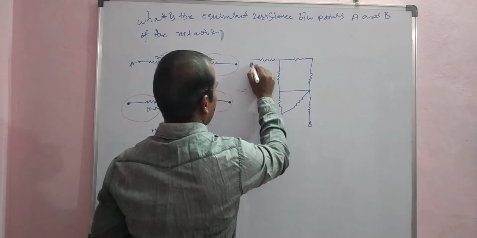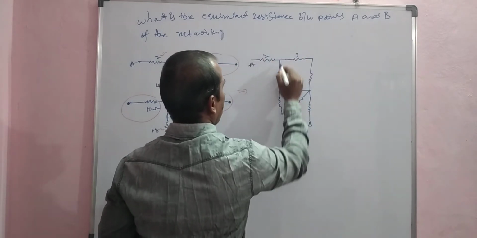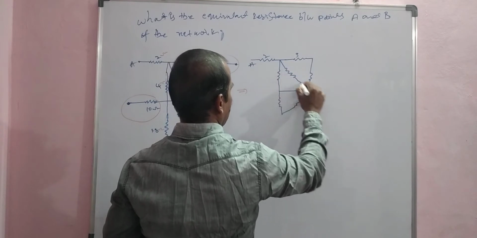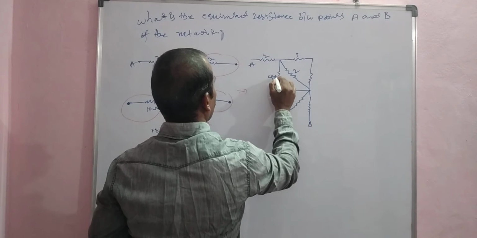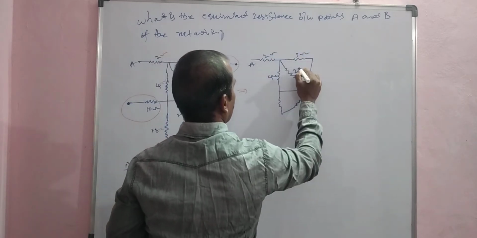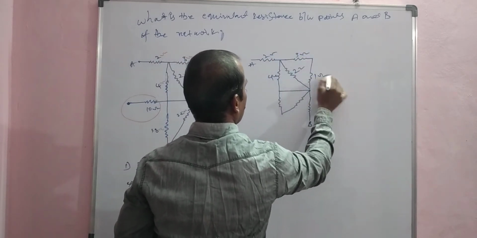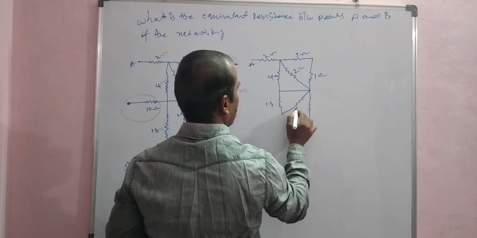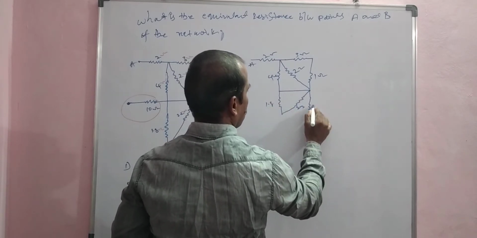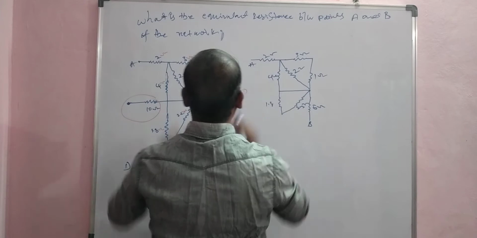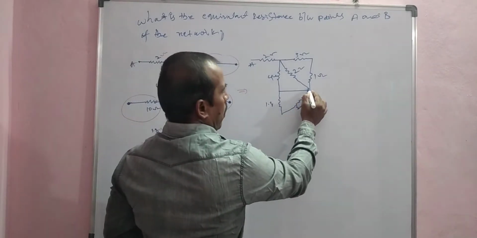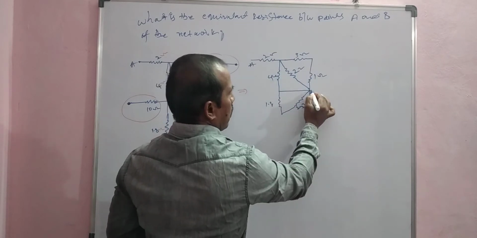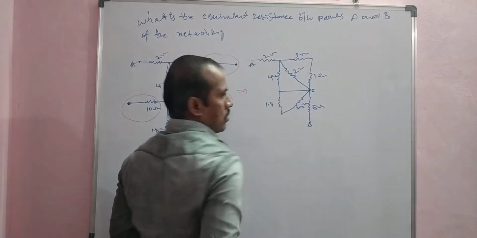This is B, this is A, with 2 ohm, 3 ohm, this also 2 ohm, 4 ohm, 1 ohm, 1.8, 2.2, and this 5 ohm. Take this point as C point.